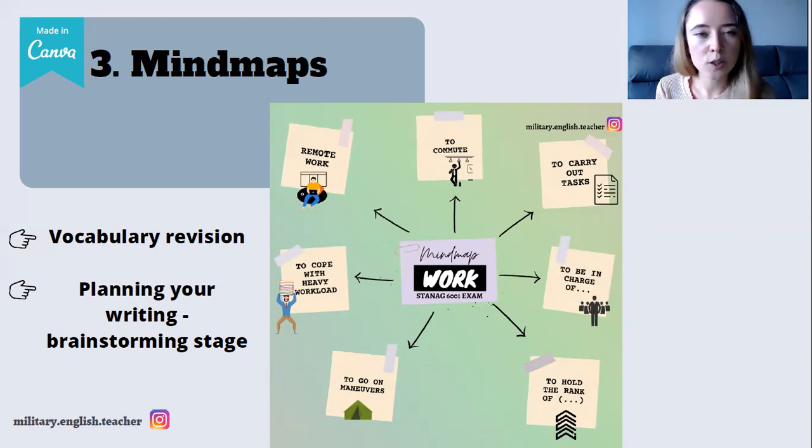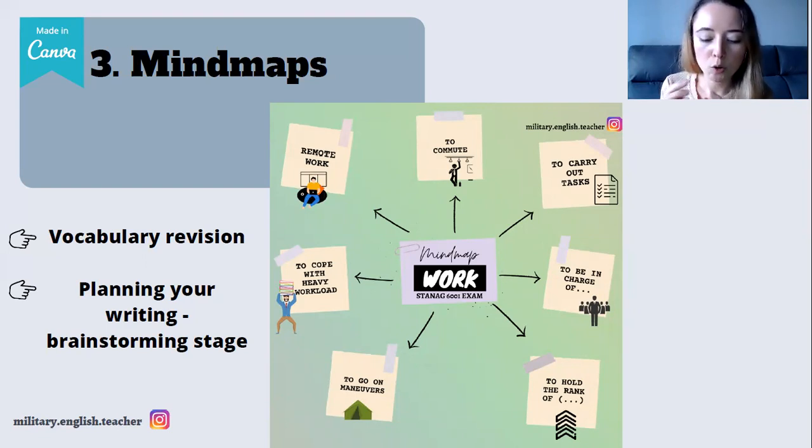It's also a really good idea to create a mind map when you're planning your writing. So this is the initial stage of the writing. Remember, in the previous webinar, we talked about planning your writing, about different stages.